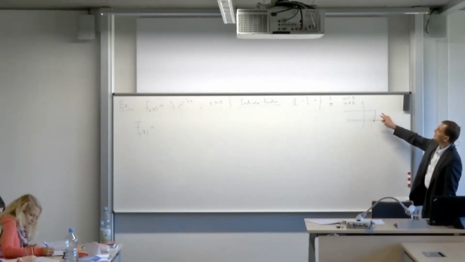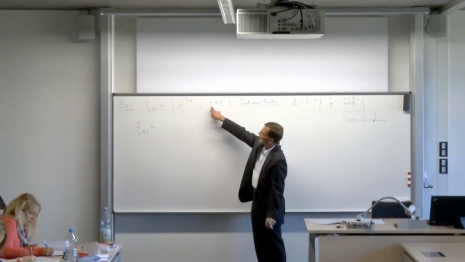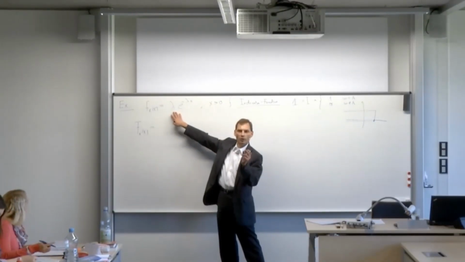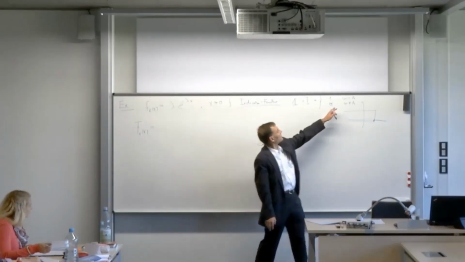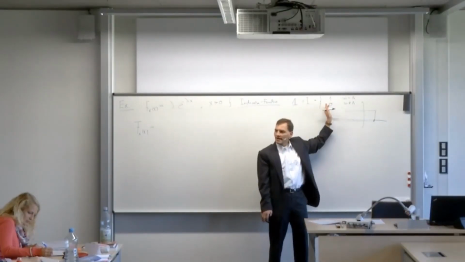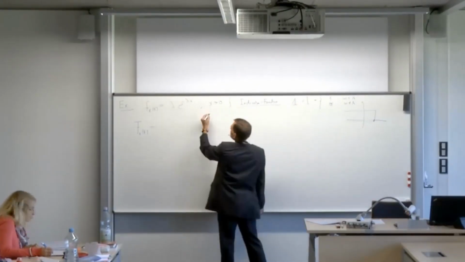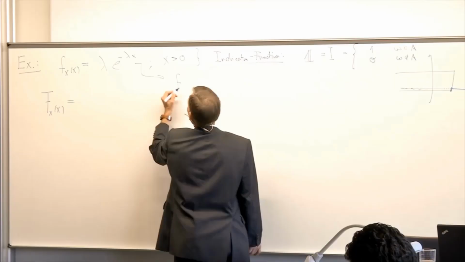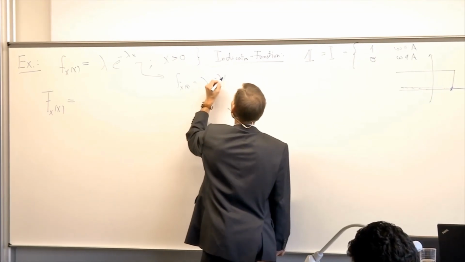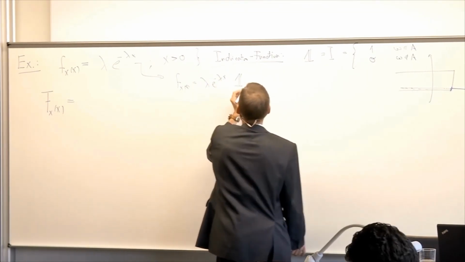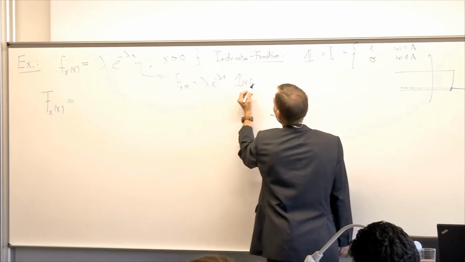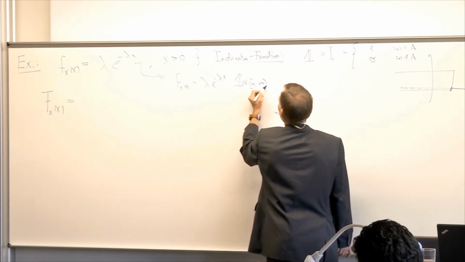The reason why I introduce this function is that it allows me to write down this density function, because this function, as I already mentioned, makes only sense for positive income. So as long as x is positive, this function is 1. As long as x is 0 or below, this function gets 0, and then I write the density function as my density times my indicator of x, from 0 to infinity.